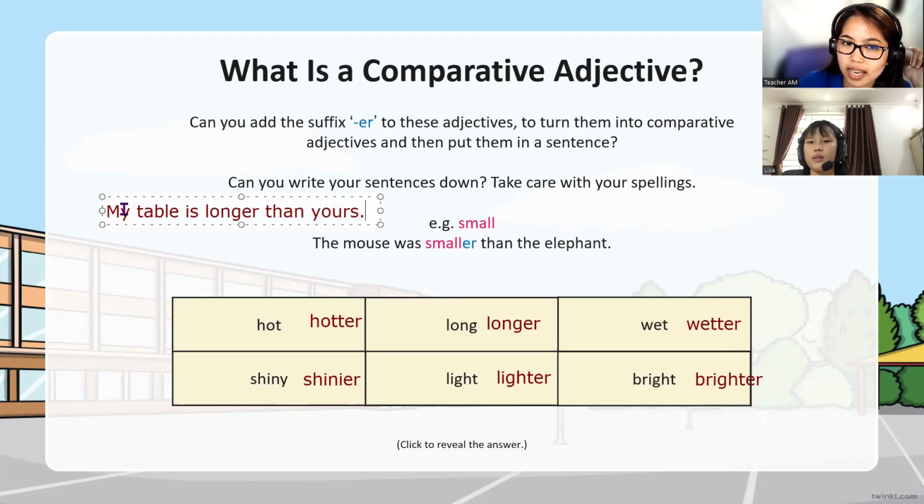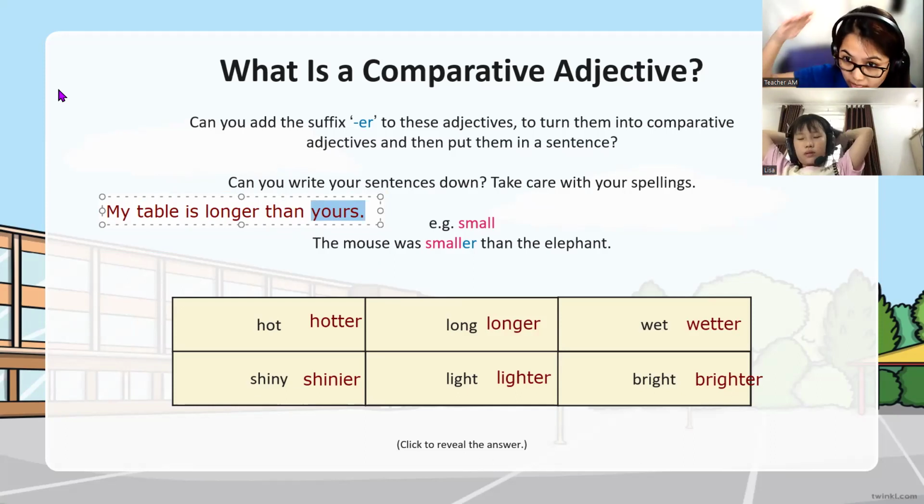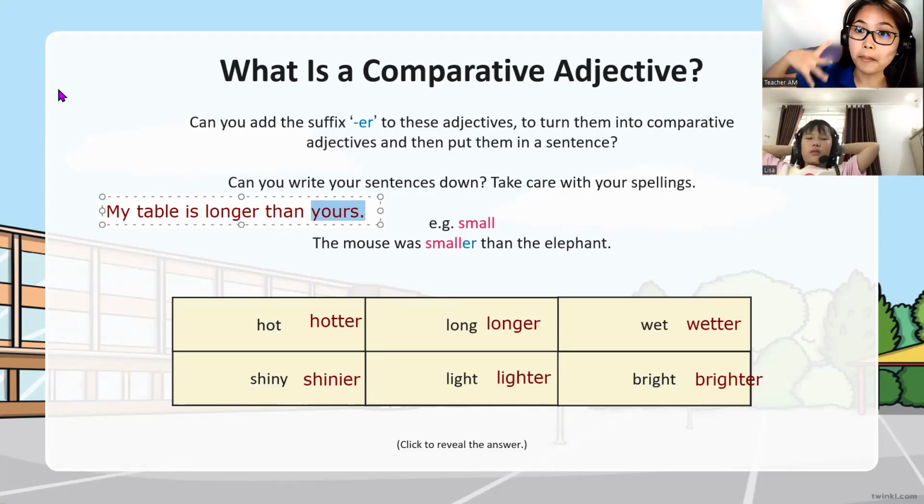Can you please read? My table is longer than yours. Very good. Now, what's wrong if I say my table is longer than you? That means your table is taller than my whole body.